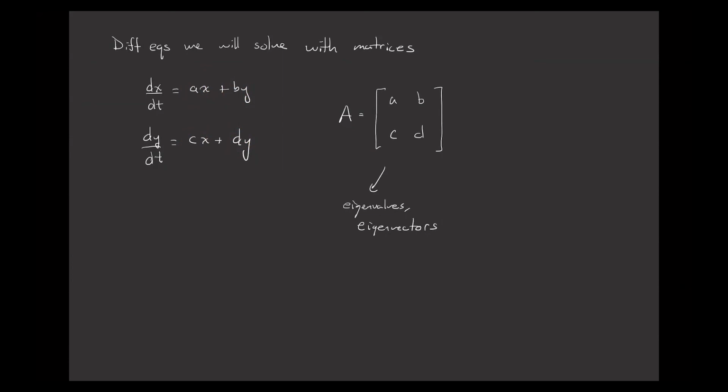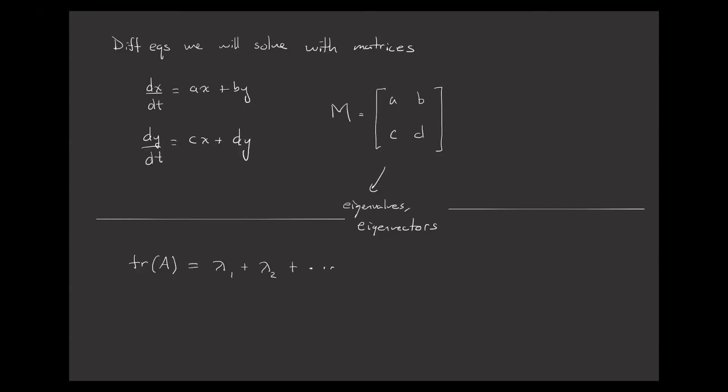And in the last minute, let me say one more quick thing about the trace and determinant and how it relates to eigenvalues and eigenvectors, at least a little bit. There's a really nice fact that the trace of a matrix A is equal to the sum of all the eigenvalues.